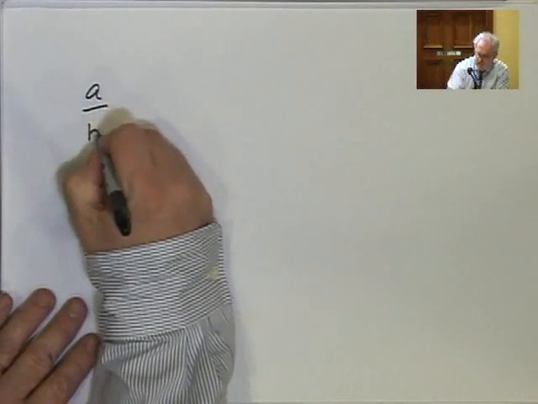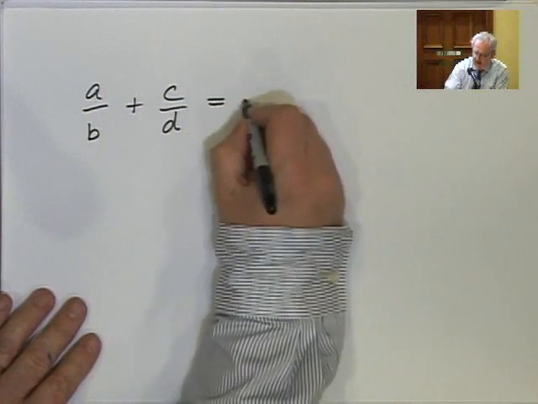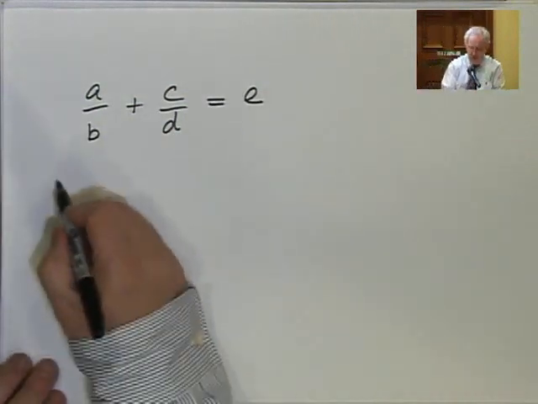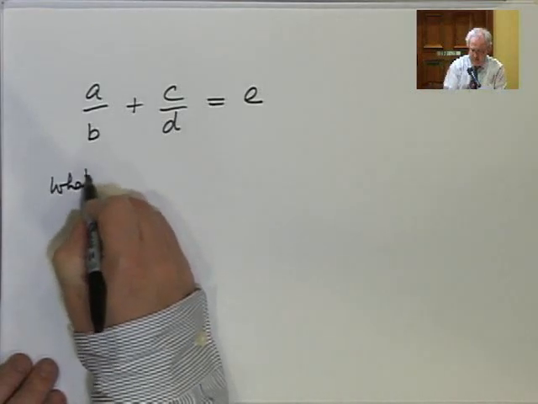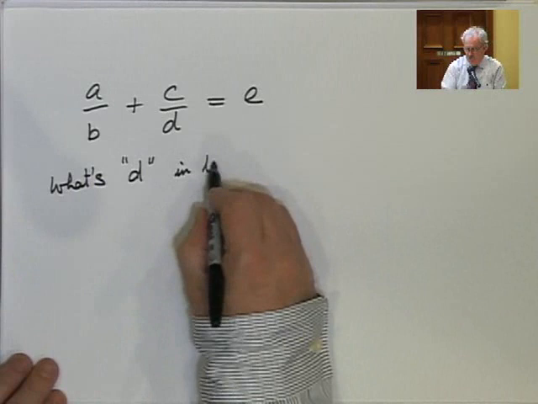A over B plus C over D equals E. Fairly messy equation like that. What's D in terms of the others?